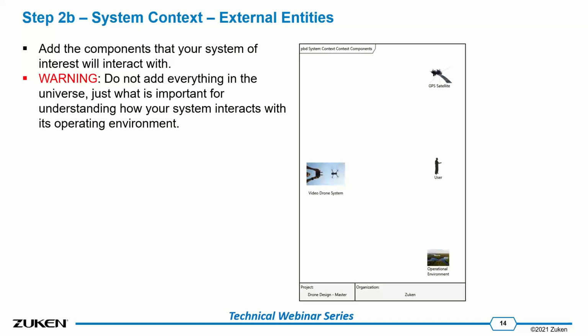In this case, you have the video drone system, and we've added the GPS satellite, the user, and the operational environment. The trap here is you could add everything in the universe to this context. You don't want to do that either, because you want to focus on what your system interacts with.